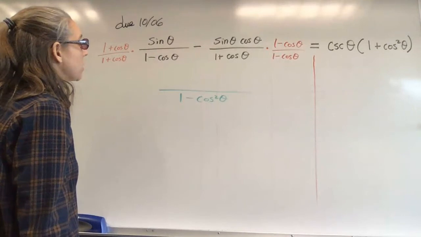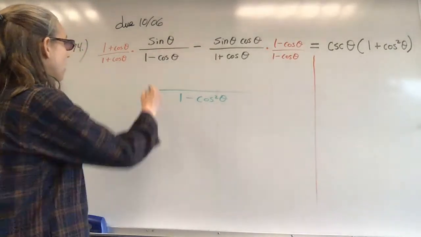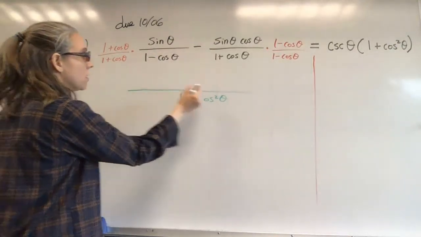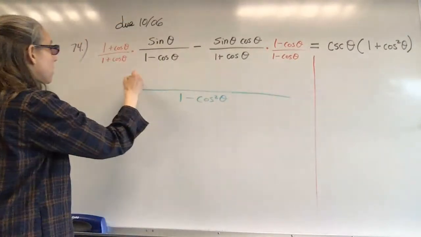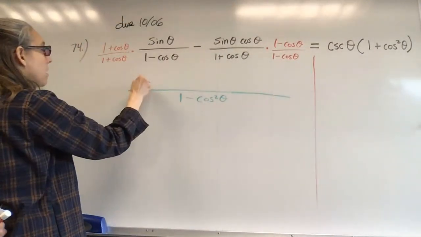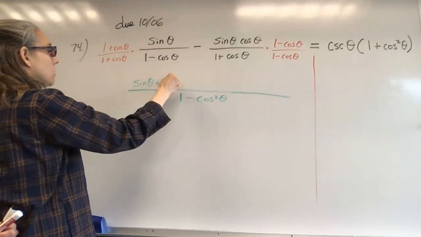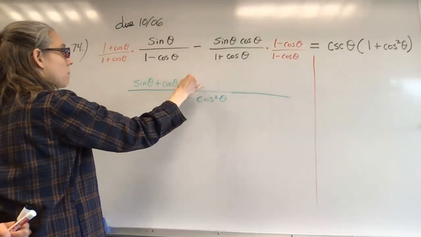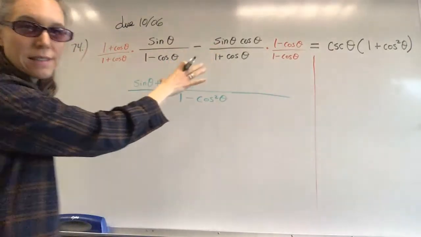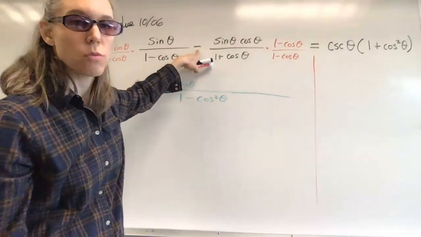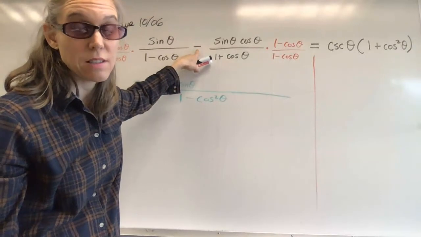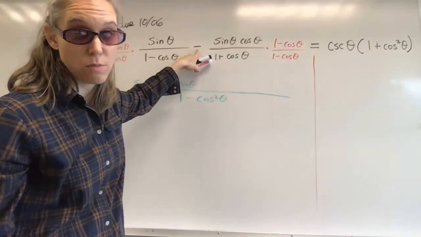And for my numerator, okay, I've got a big numerator. So let's see, what do I want? I've got sine theta plus cosine theta sine theta. And then over here, pay attention to the fact that this negative will distribute. It's very easy to forget that the negative distributes, okay?